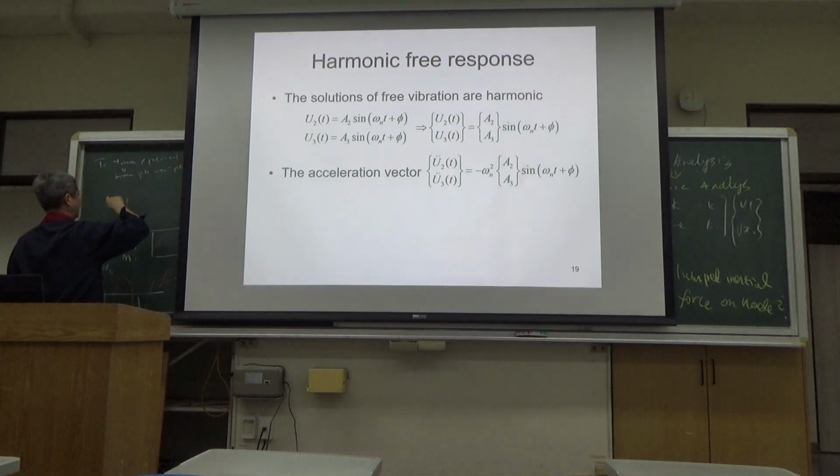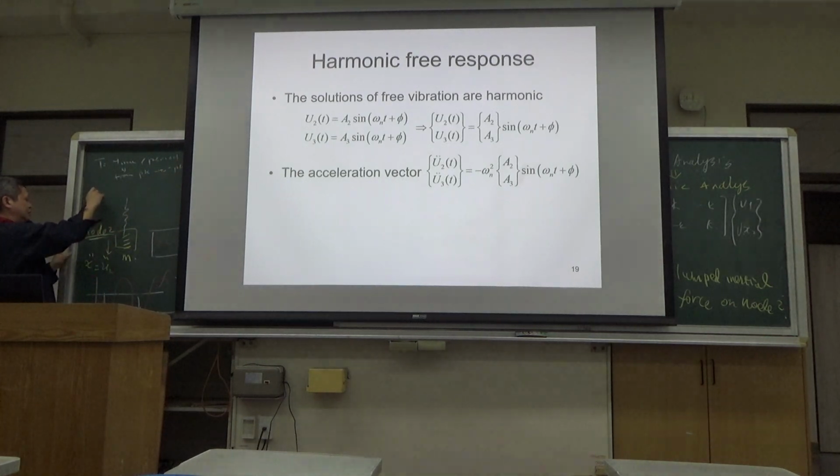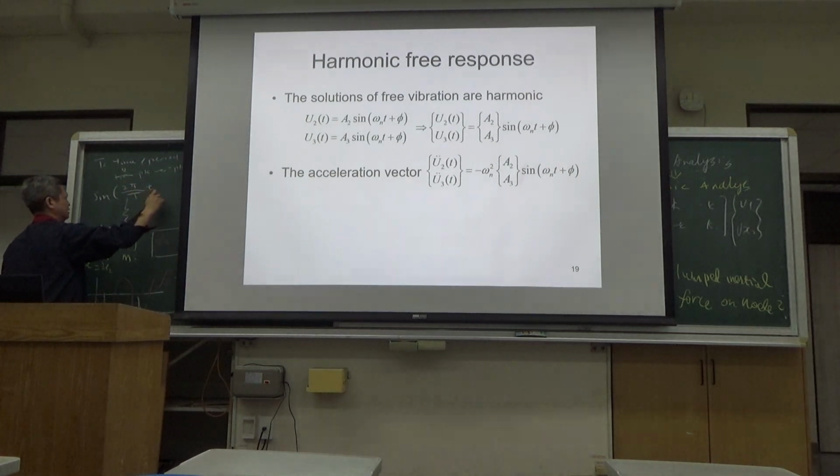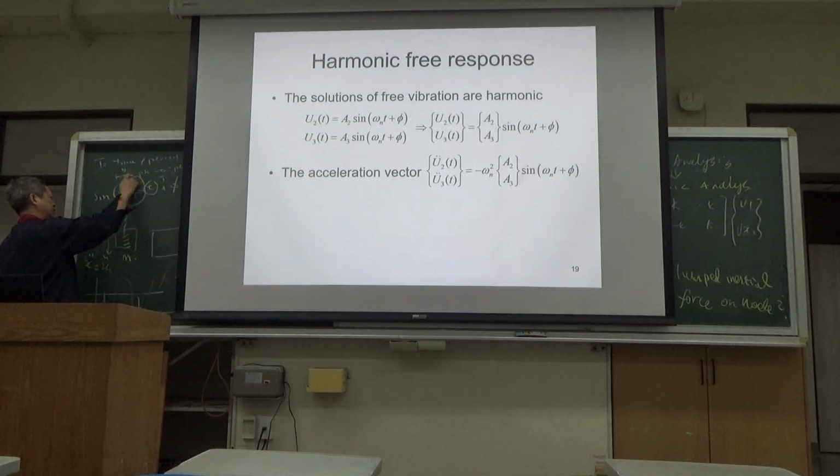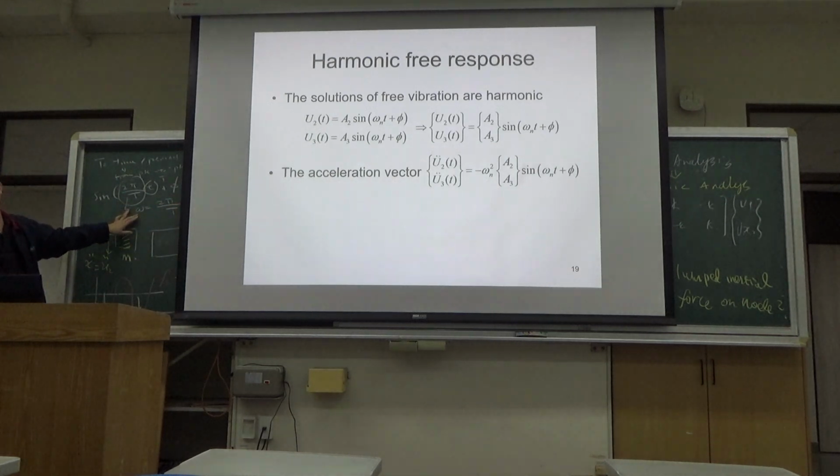As a result, your sine function will complete one cycle. This is a period. And this is defined as omega, which is 2 pi divided by the period. This is the angular frequency, rather than the normal frequency.